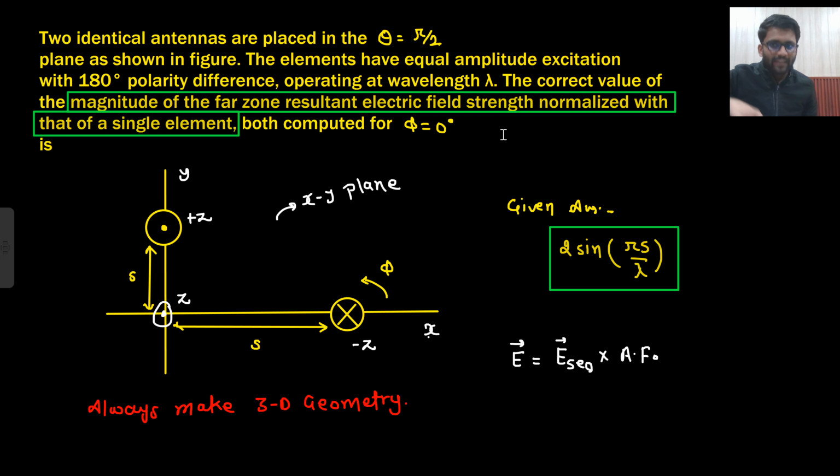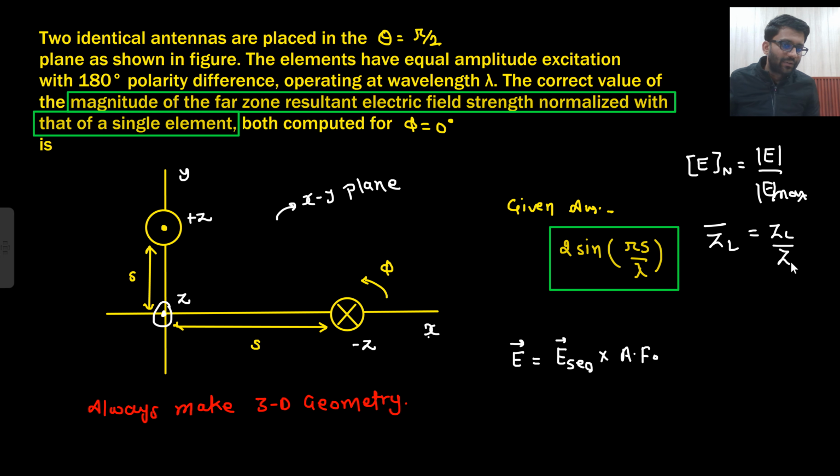Now this is normalized with that of a single element. What do you mean by normalization? When we were studying the radiation pattern, we wrote the normalized electric field: magnitude of E divided by the maximum value of E. When I was writing the normalized load impedance in the Smith chart, I wrote ZL by Z naught, normalizing it with respect to Z naught.